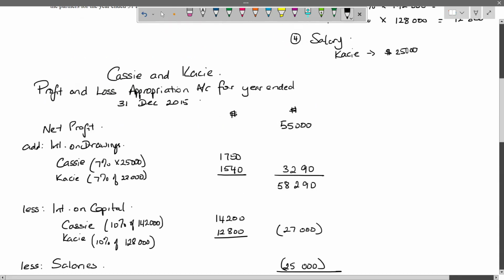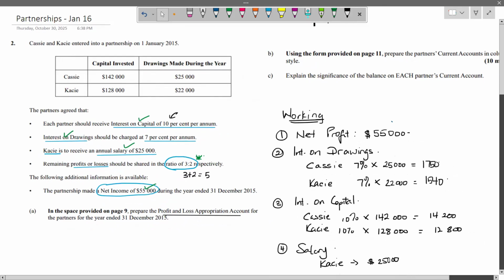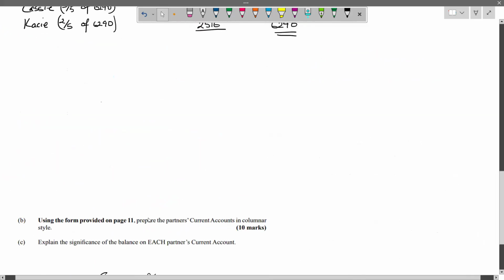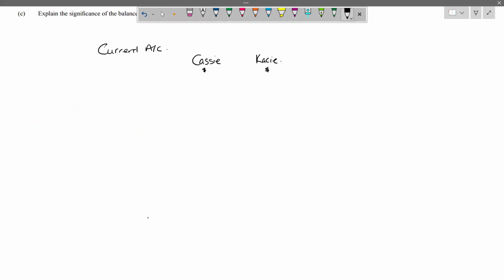Now, the question didn't provide us with any current account balances. Right? They started on the 1st of January 2015. It is now December 31st, 2015. So this is the first time we're going to be doing the current account for them. So there are no opening balances for the current account. So we could begin with our income generating activities in the partnership for each partner.